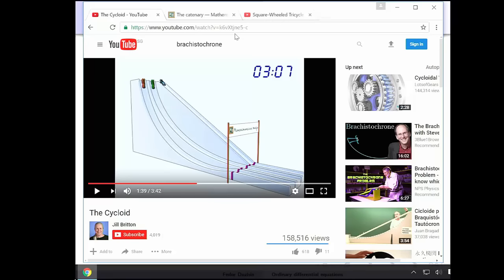So there could be different shapes. So here you see the furthest from us is a straight line. The closest to us is a piece of a circle, and in between is what is called a brachistochrone curve, because it indeed gives us the fastest sliding.